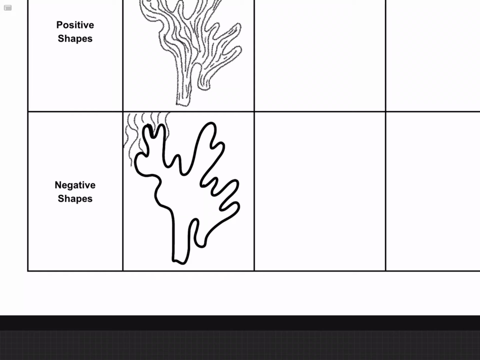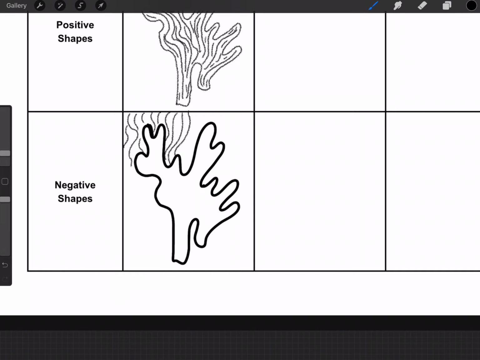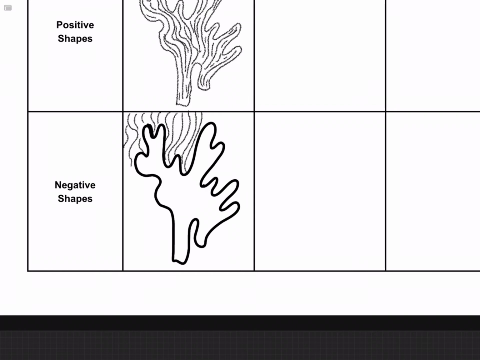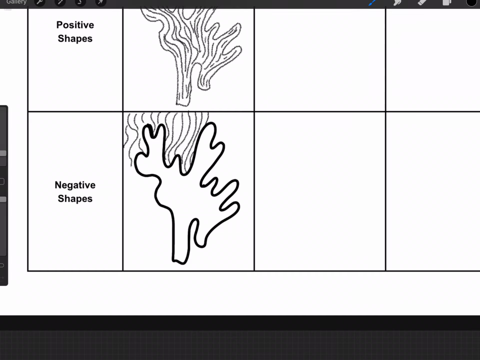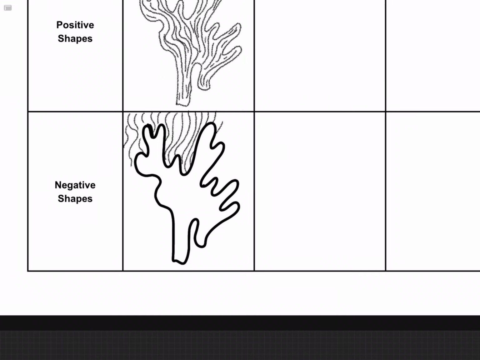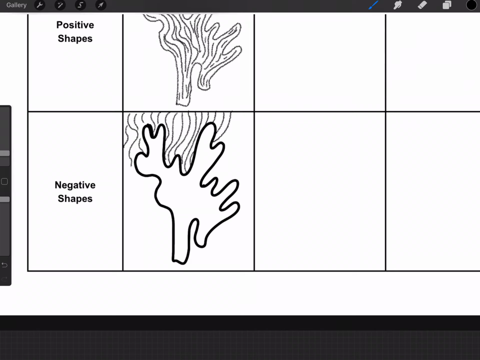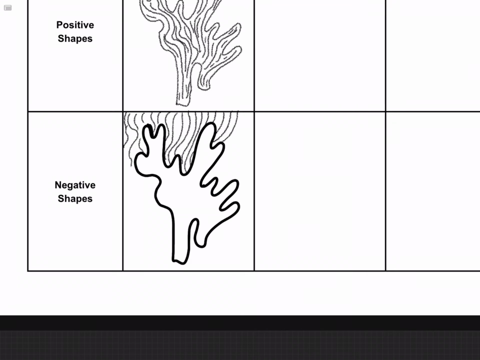That activates the negative shape, or the negative space, a term that's interchangeable in art. The whole entire area that surrounds whatever object you have drawn is your negative shape.